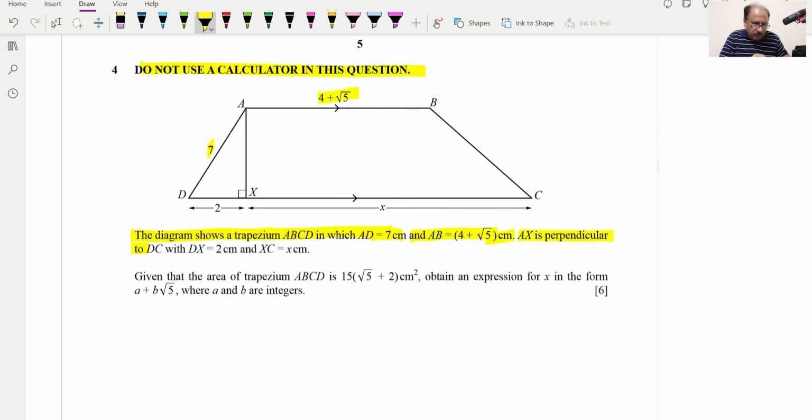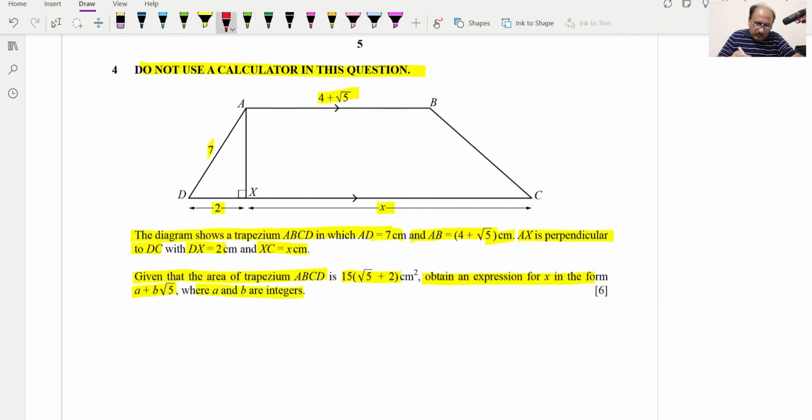AX is perpendicular to DC, and DX is equal to 2, and XC is equal to x centimeters. Given that the area of the trapezium ABCD is this one, obtain an expression for x in the form of a plus b under root 5, where a and b are integers.